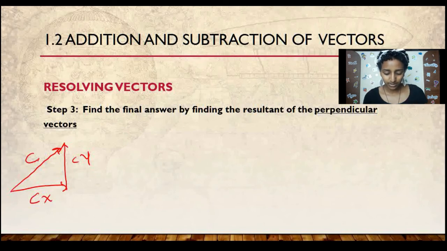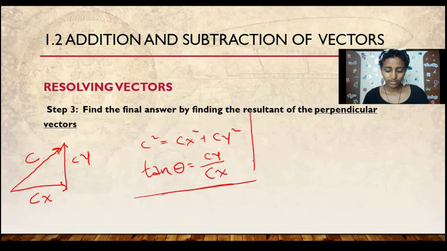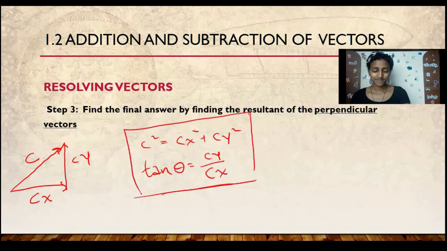We have to use the Pythagoras theorem. In this case, it'll be C squared is equal to CX squared plus CY squared to find the magnitude. And we have to use trigonometric values, CY over CX, in order to find the direction. So we find the direction and magnitude by doing these steps.